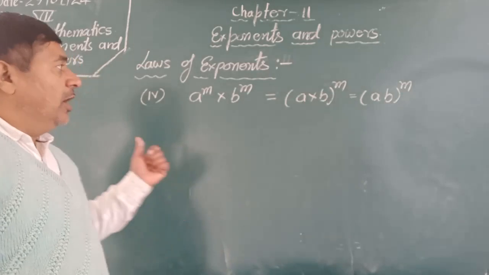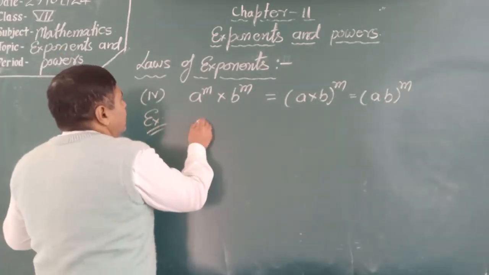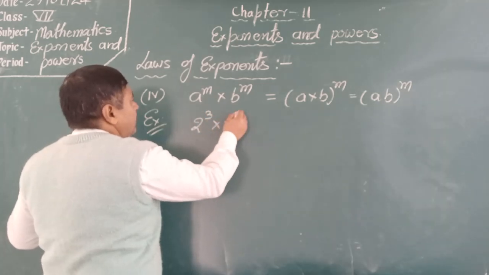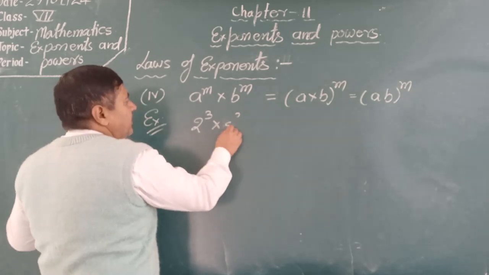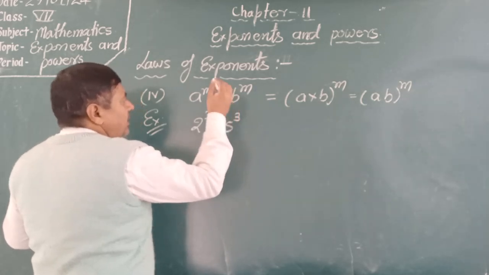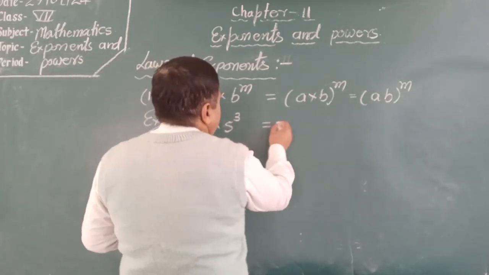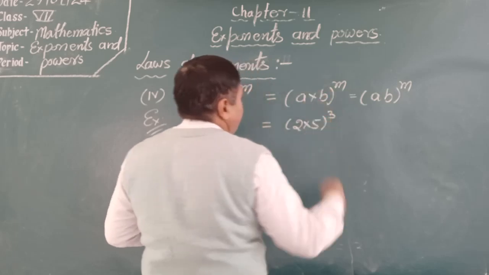Okay, so now for example, 2 to the power 3 into 5 to the power 3. Then what you can write here is (2 into 5) to the power 3.